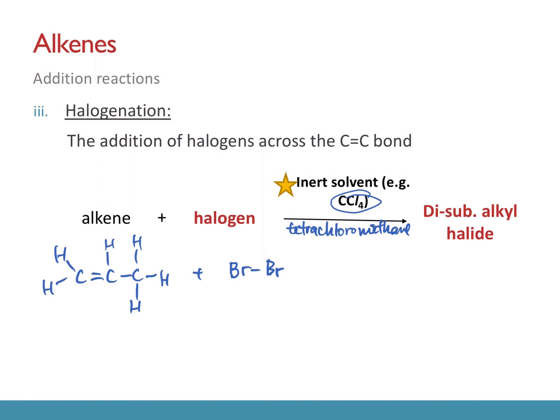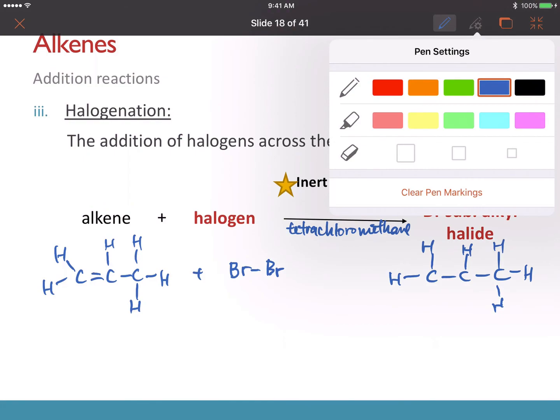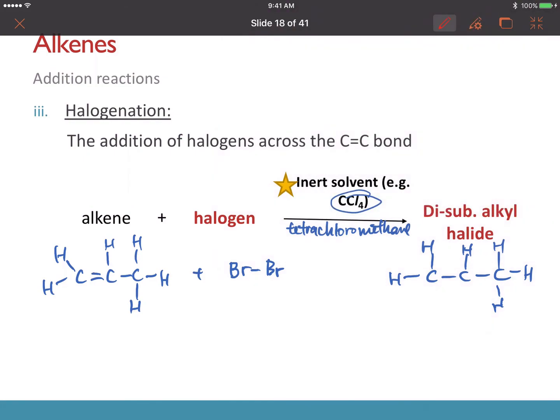We will get a disubstituted alkyl halide, which is like this. You can see that again, we are adding it across the double bond. In this case, there is only one product because we only have the bromine to add across the double bond.